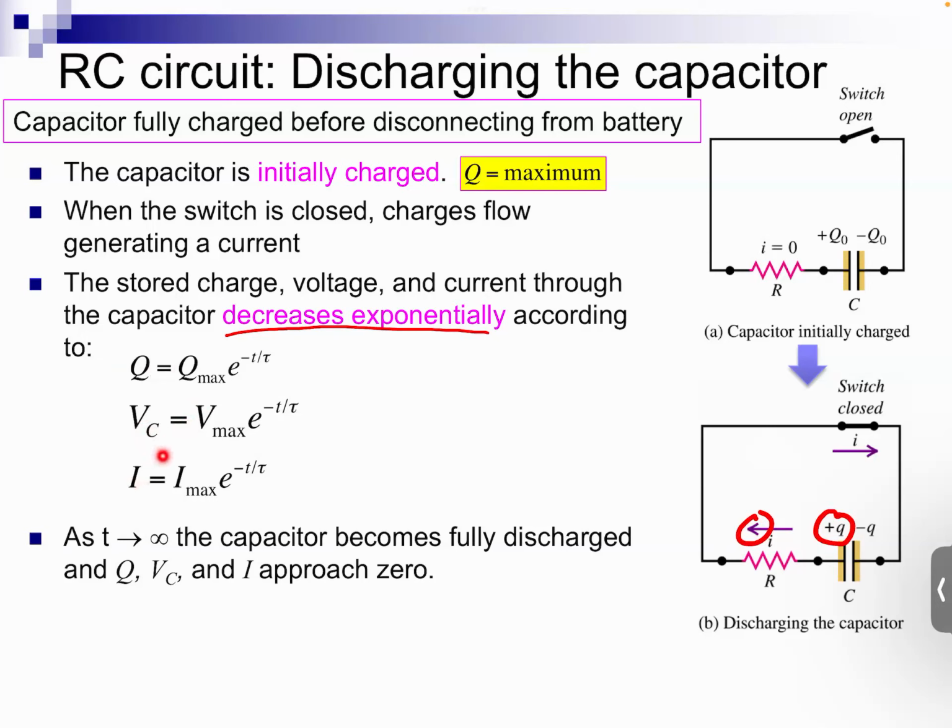And if the voltage decreases, then the current through your circuit also decreases, such that as time approaches infinity, after a very, very long time, and your capacitor becomes fully discharged, then of course, there's no more charge across the plates, there's no more voltage, and there's no more current, and all of them therefore approach zero.